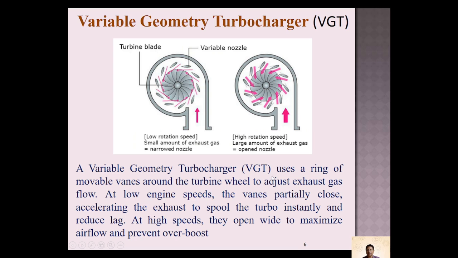At low engine speeds, the vanes partially close, accelerating the exhaust to spool the turbo instantly and reduce lag. At high speeds, they open wide to maximize airflow and prevent overboost, so the ring closes and opens the vanes to match the requirement of compressed air from the compressor.